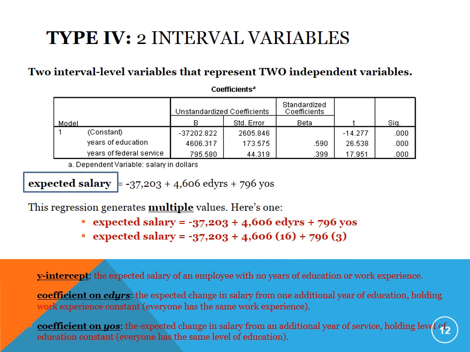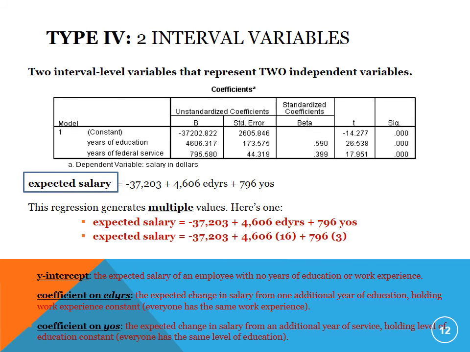In fact, based on this equation, you're giving the government $37,000. We know that's not a legitimate or logical number, but it's our baseline.